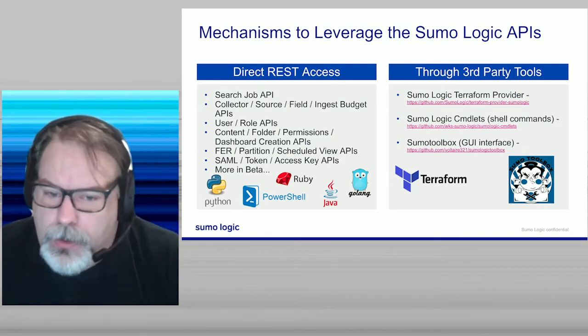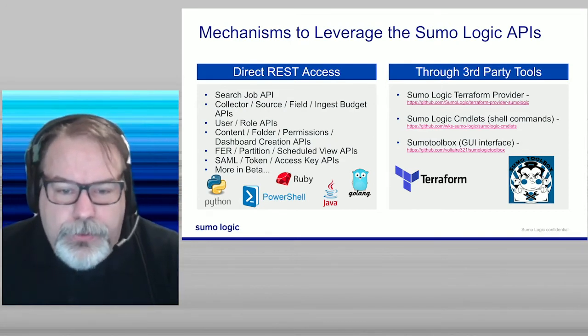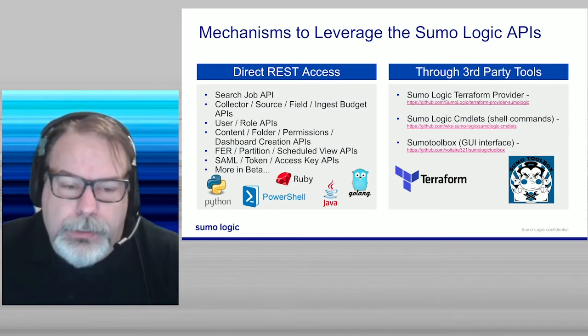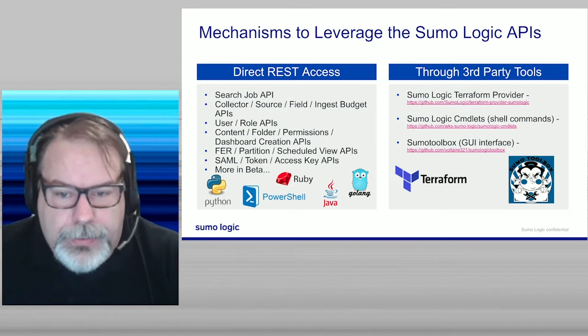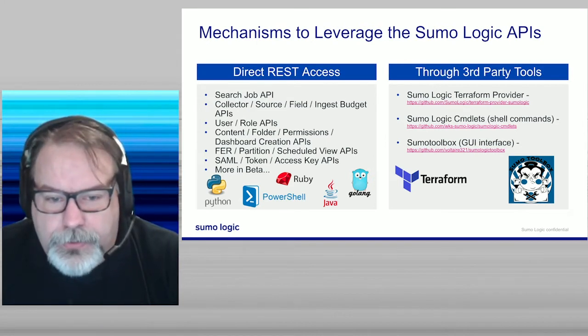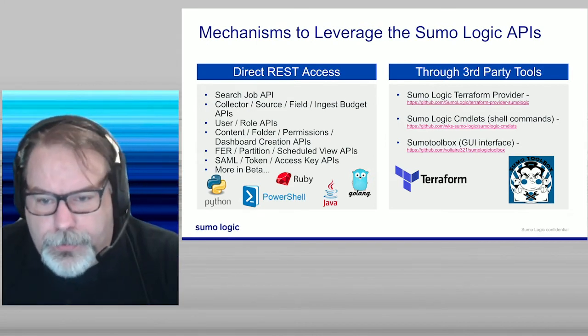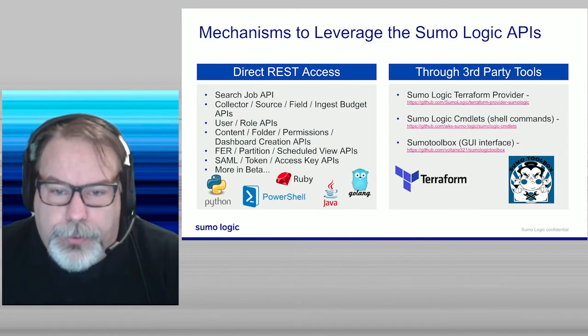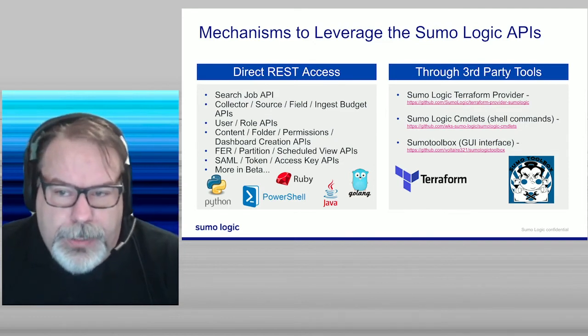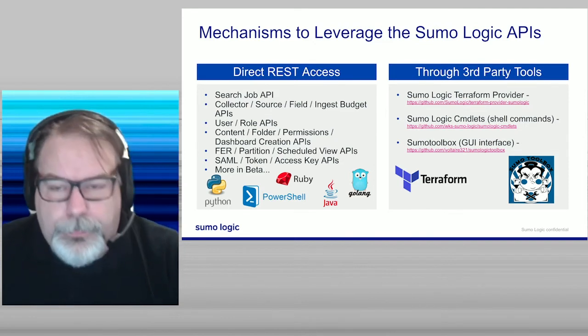So some of them are going to be more or less complete than others, but they're all available on GitHub. And I will also include a slide at the end of this deck that will have links to these SDKs that you can leverage. And by the way, this deck should be available for you to download, and so you can take advantage of all the links that I've put in this.